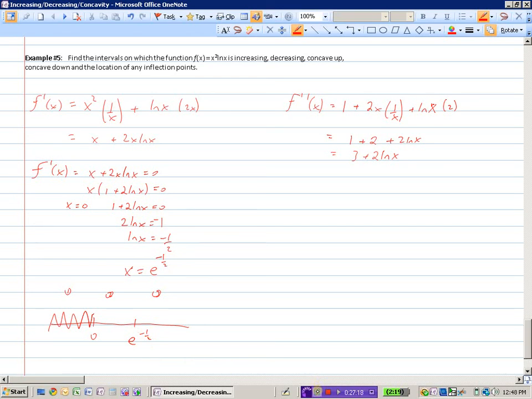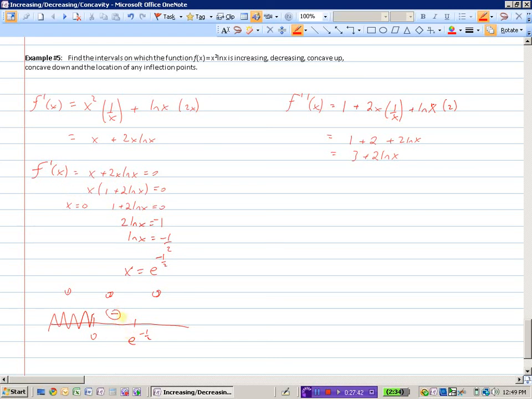If I tried a number like 0.1, this would be positive. The log of 0.1 is negative, and I'll work this out in a calculator separately and let you know what it is. And the answer definitely turned out negative. So this area here is going to be a place where the first derivative is less than 0.